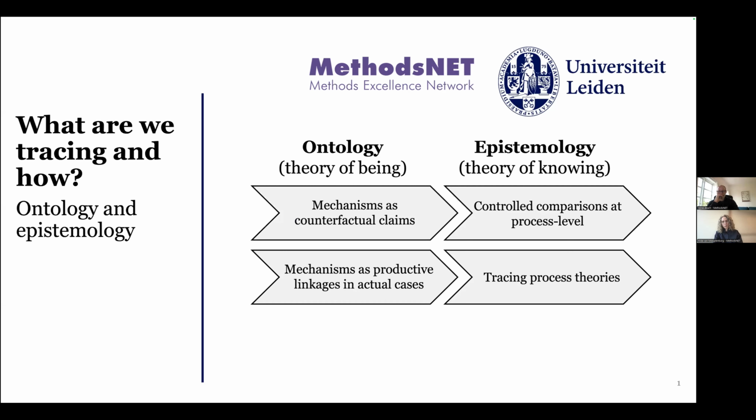Another way to think of processes or mechanisms is as productive linkages in actual cases. Here, and this is something I'm going to work out in a second still a little bit, the idea of causal productivity becomes important. So the idea is that we have a mechanism where a causal productivity moves from a certain set of starting conditions and a trigger through a chain of activities to a particular outcome.